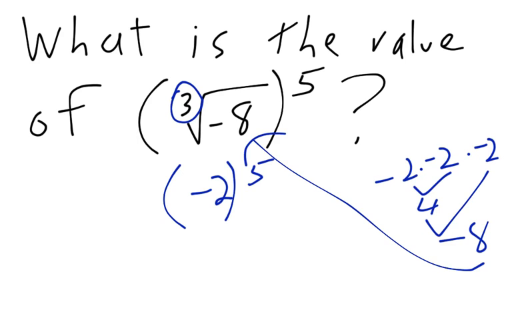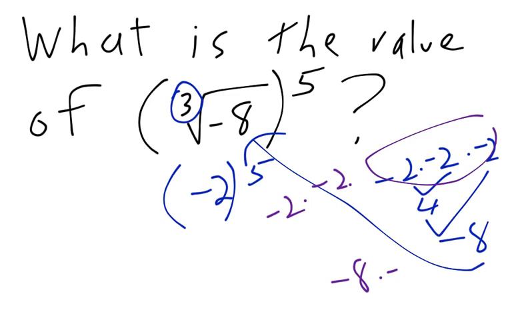And I've already multiplied it 3 times and got negative 8, so I just need to do negative 8 times negative 2 again times negative 2 again. So negative 8 times negative 2 gives me 16, and then 16 times negative 2 gives me negative 32. So my final answer is negative 32.